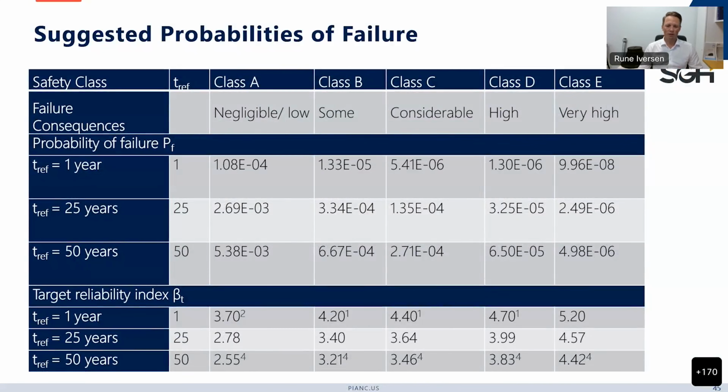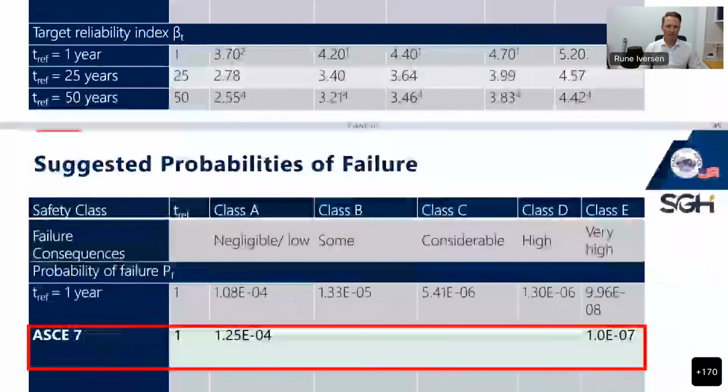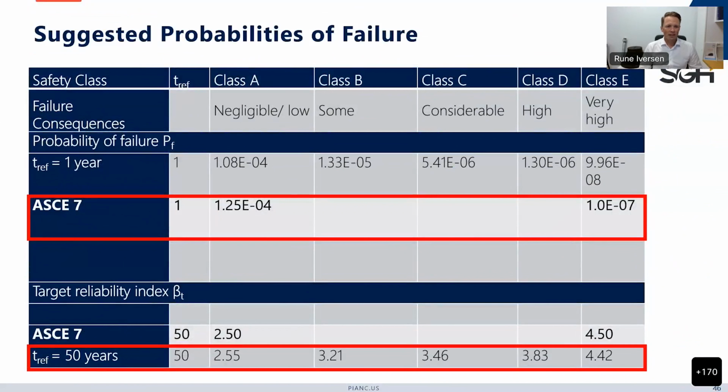But again, if you compare to ASCE 7, we'll see that for Class A, which is the lowest consequences of fender failure, the actual probability of failure, 1.08 times 10 to the minus 4, is very close to the highest probability of failure published by ASCE 7.